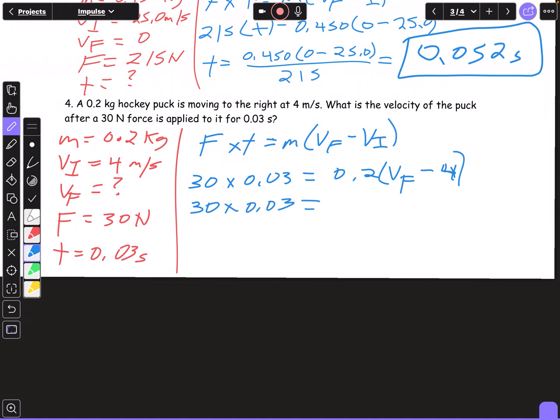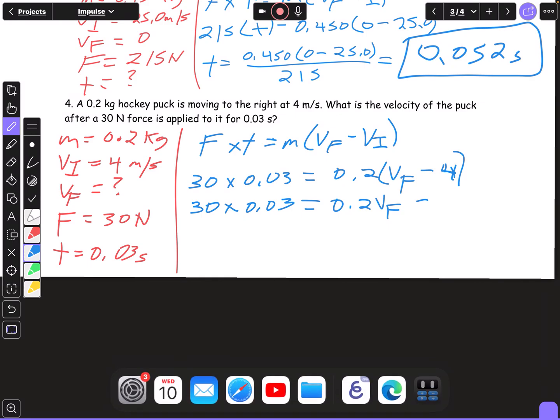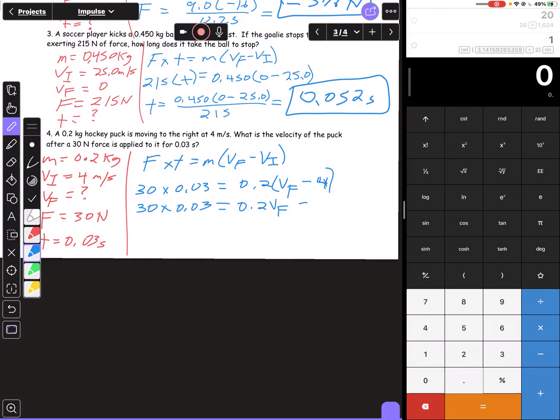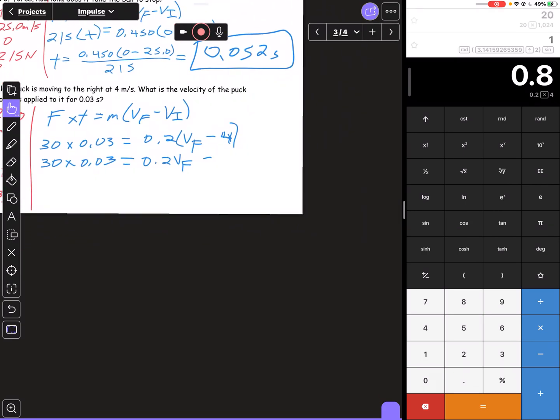And I need to distribute this out. 0.2 times vf would be 0.2 vf, minus 0.2 times 4, which gives me 0.8.